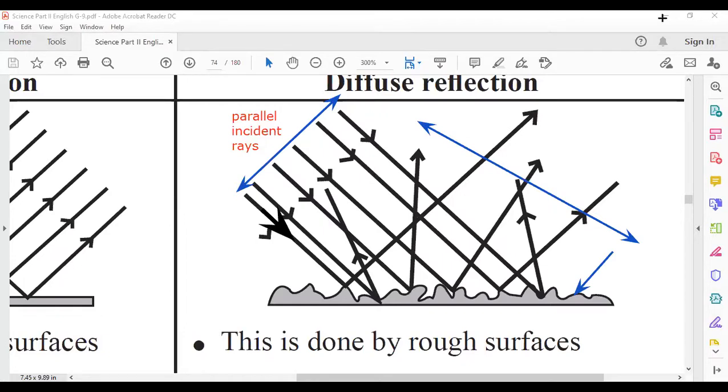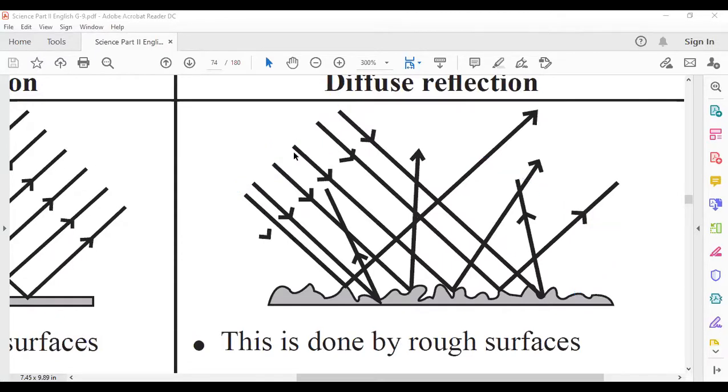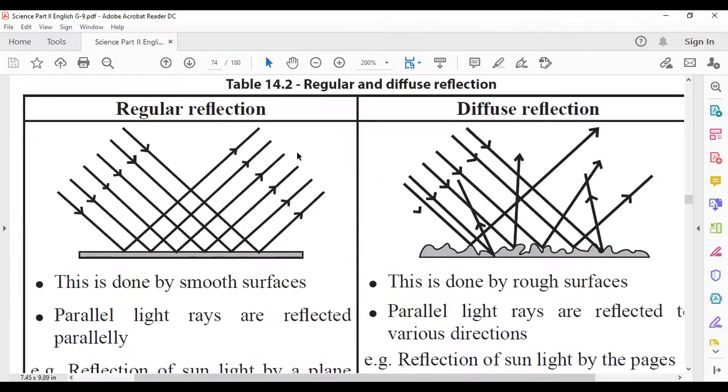Okay. So your textbook says certain ideas. If we take these two pictures, in which features are they different? One, it is the reflecting rays.